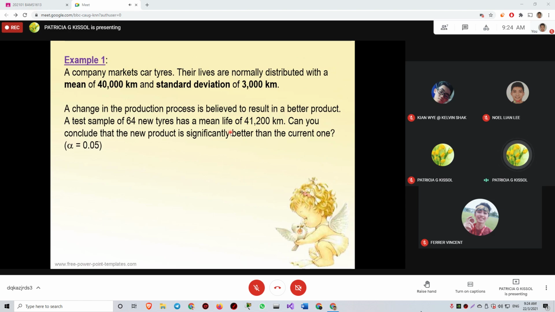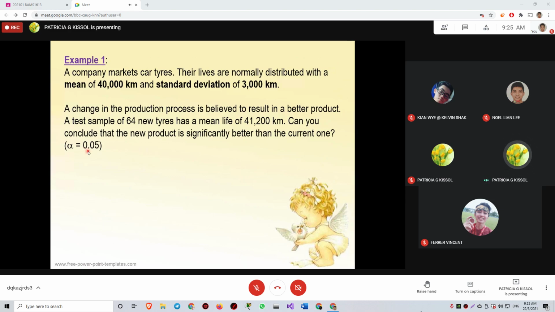So definitely this is a one tail, because the question is asking for something better than the current one. This tells us it is a one tail, and it is on the right side. Do you understand, class? Yes? Okay, good. Do ask if you don't understand. That is how you can identify from the question what it is asking for.